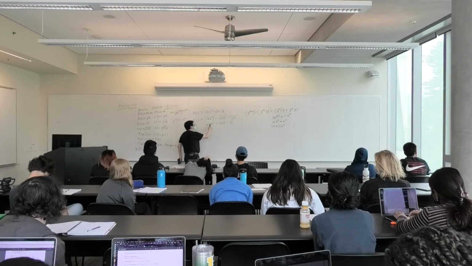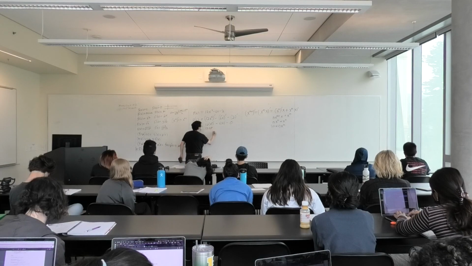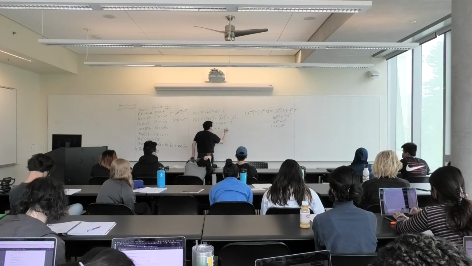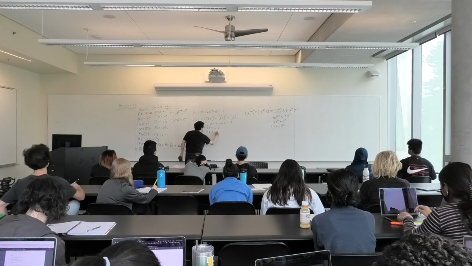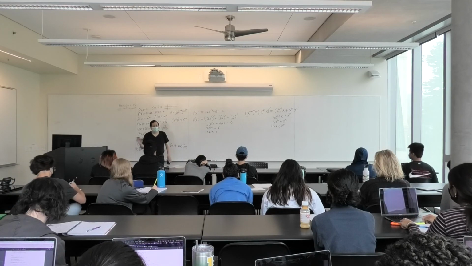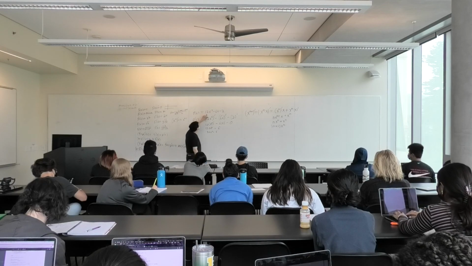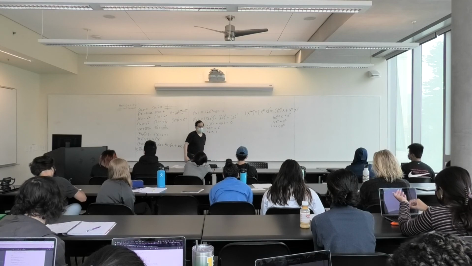So x cubed, that's 3x squared. x, that's just 1. 0 goes away. So we have 36x squared minus 6. You are not going to go through all that. You're just going to look at this and say, oh, 36x squared minus 6. Done.